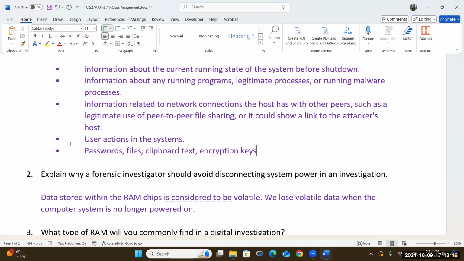Because when you shut it down and when we remove the power, we change its state. We would lose potentially all the data that we need, right? All the data here, potentially passwords, processes, all of those things.